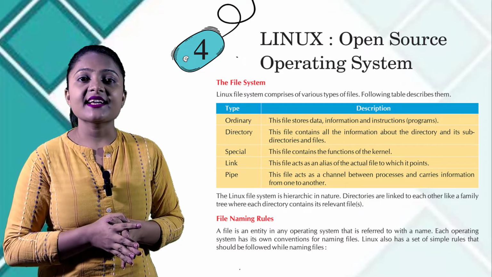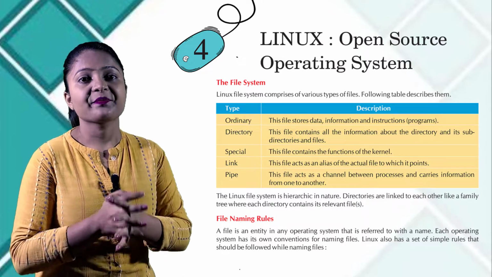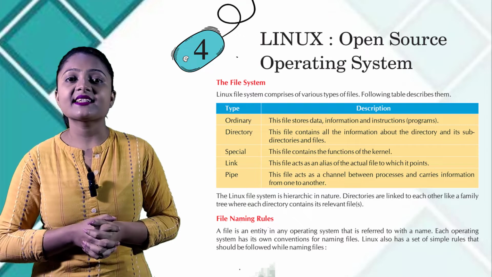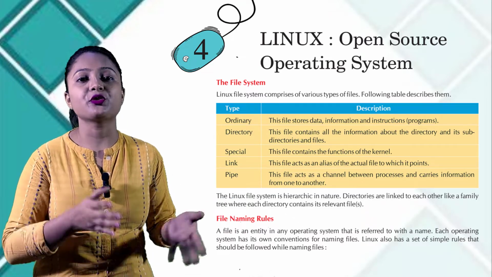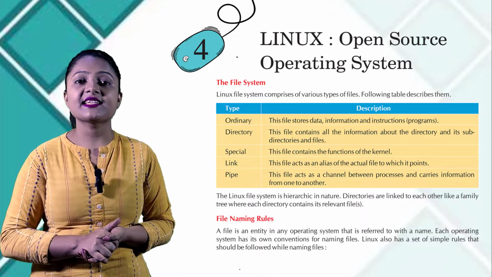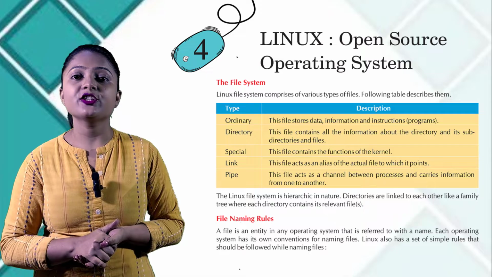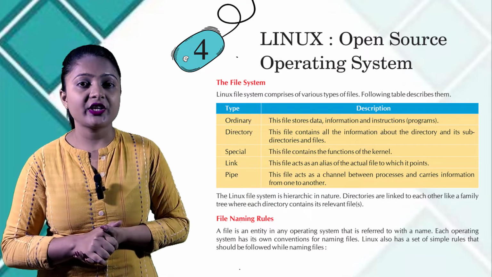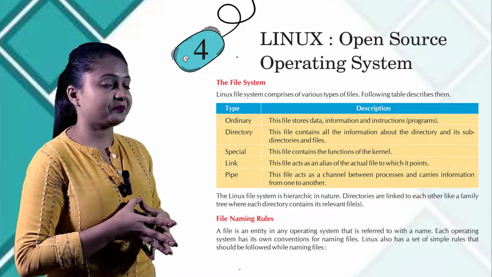Link. This file acts as an alias of the actual file to which it points. Pipe. This file acts as a channel between processes and carries information from one to another. The Linux file system is hierarchic in nature. Directories are linked to each other like a family tree, where each directory contains its relevant files.